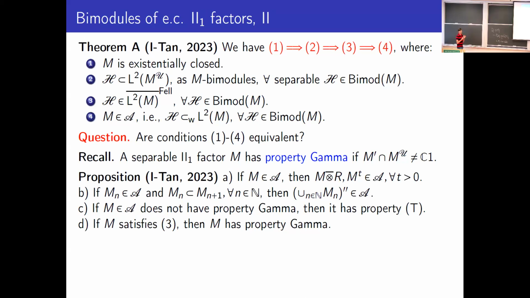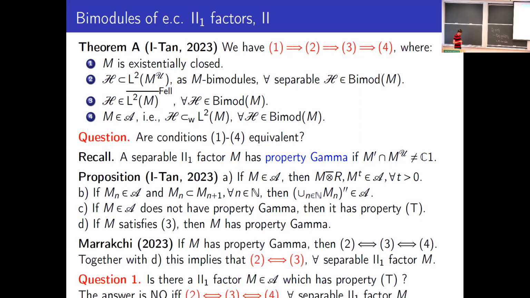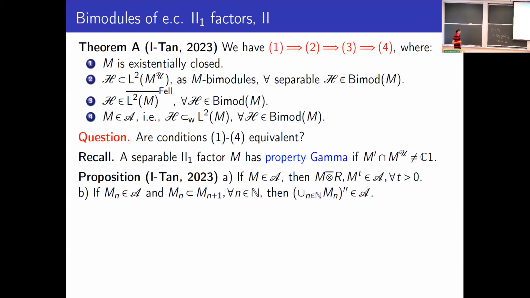The coarse bimodule. Yes, the coarse bimodule is always weakly contained in any bimodule. Item 2 looks somehow weaker than existentially closed, because you have a II1 factor which is just locally universal.